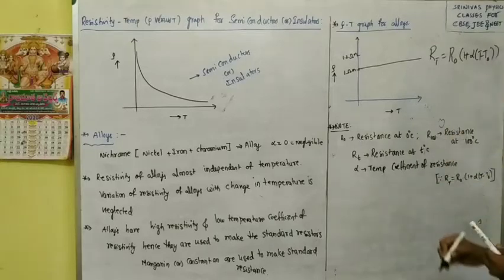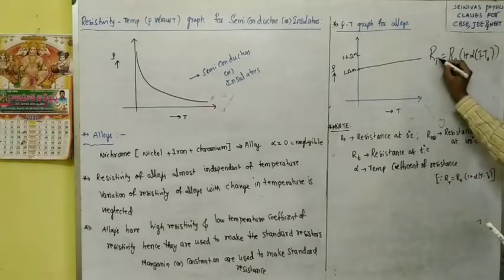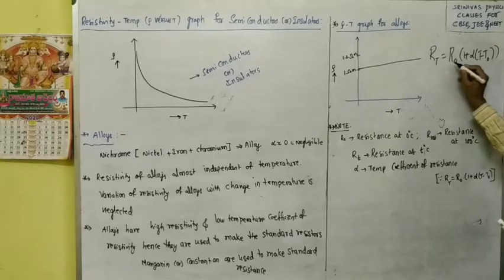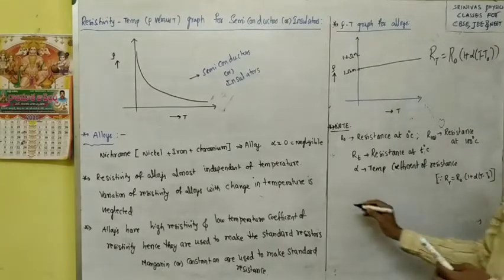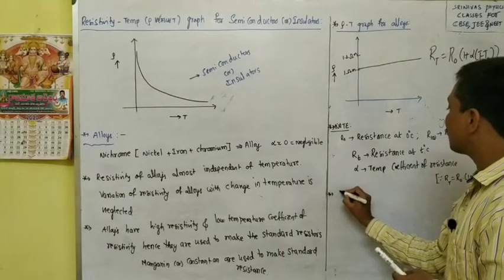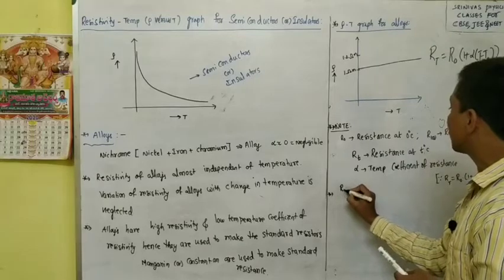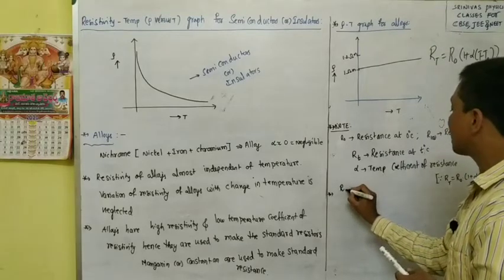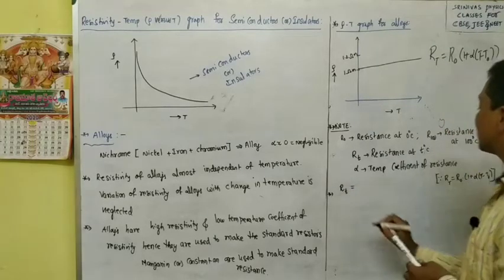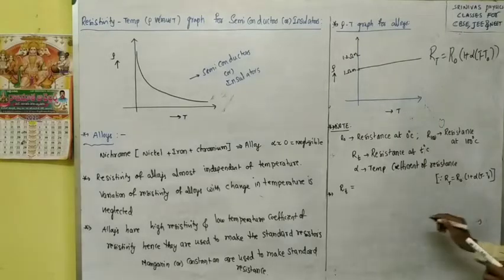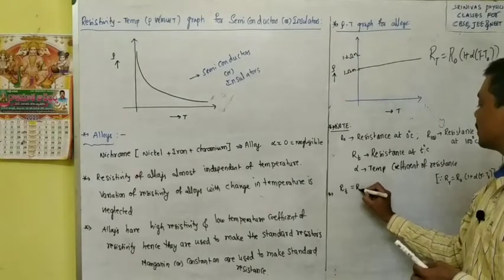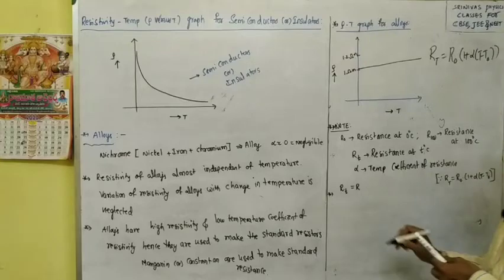This formula you know already. Here, first according to that formula, RT is the resistance at T degree Celsius, R0 is the resistance at 0 degree Celsius here. Now, what happens?